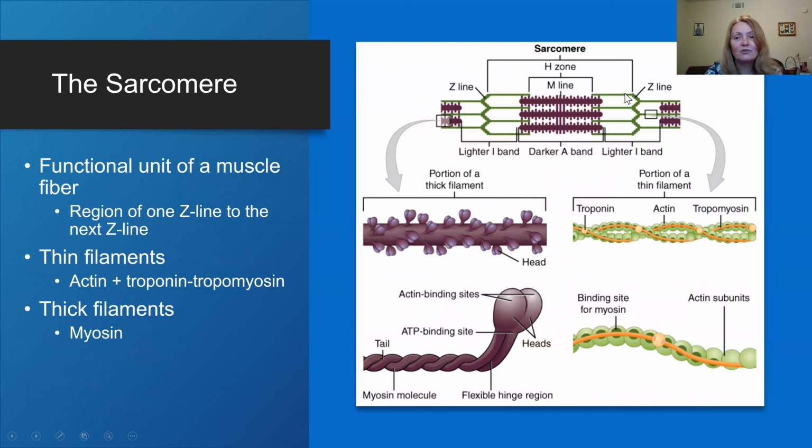Okay. So here you can look at the structure of the sarcomere in a little bit more detail. You can see the structure of myosin, or a thick filament. It only shows a portion of the thick filament, and it has a myosin tail, then a flexible hinge region, and heads.